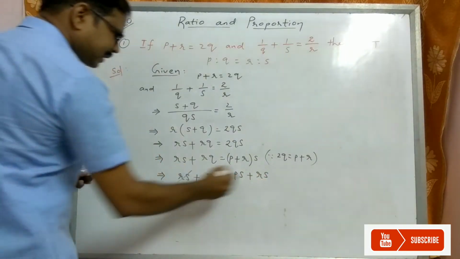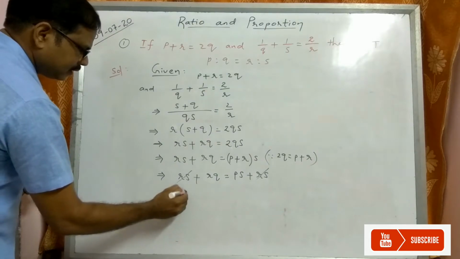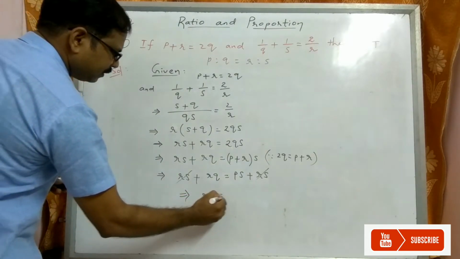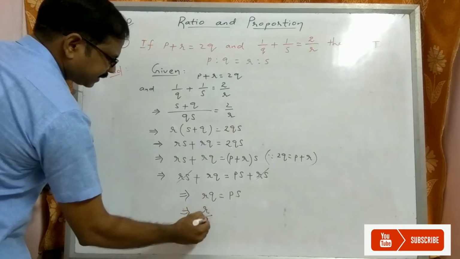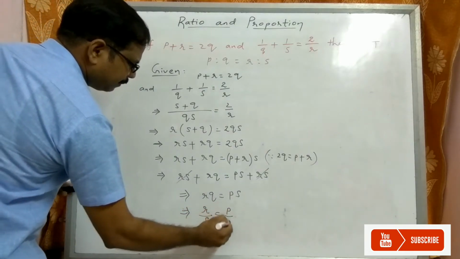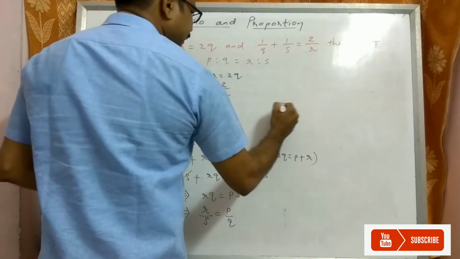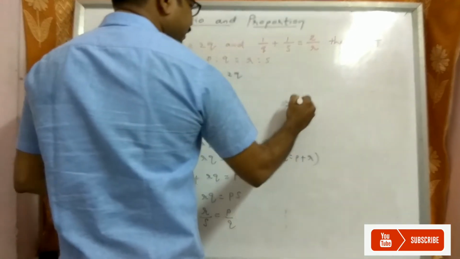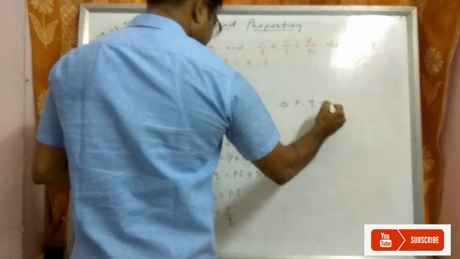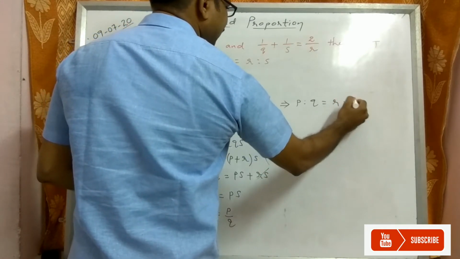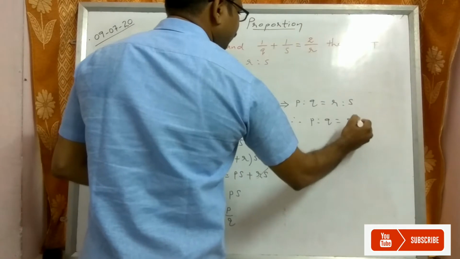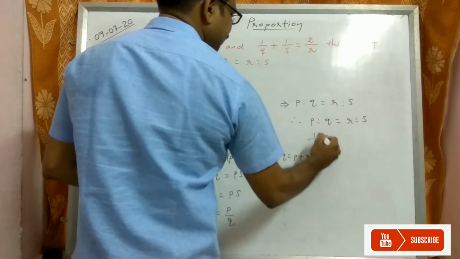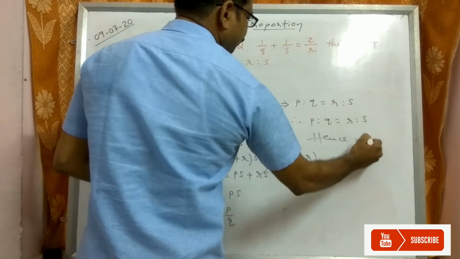RS gets cancelled. Then RQ is equal to PS. So R by S is equal to P by Q. That implies P is to Q equal to R is to S. Therefore P is to Q equal to R is to S. Hence proved.